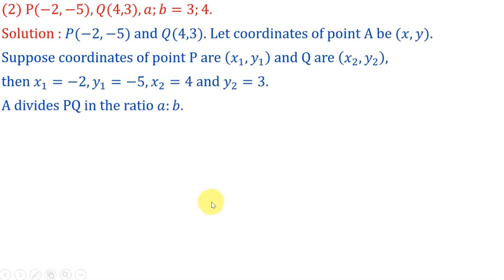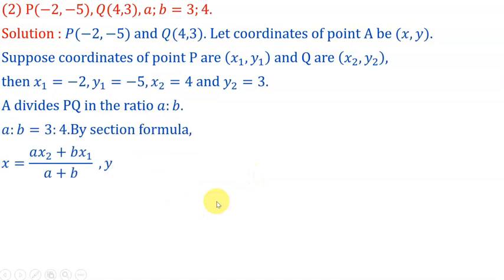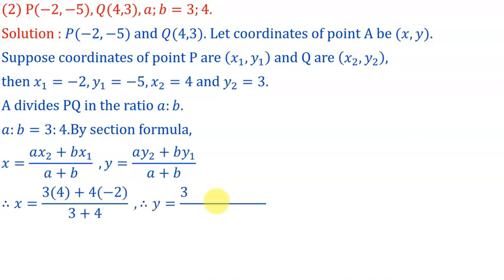Similar example है. या ठिकाणी x1 is minus 2, y1 is minus 5, x2 is 4, y2 is 3. रेशो किती दिले त्याने आपल्याला 3:4. Again by सेक्शन फॉर्म्युला तुम्ही इथे बघू शकताय. पुन्हा फॉर्म्युला इथे रिपीट केलेला आहे. व्हॅल्यू सबस्टिट्यूट करणार a आणि b च्या x2 आणि x1.